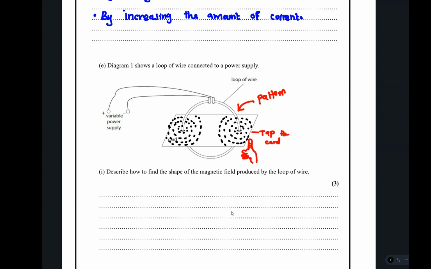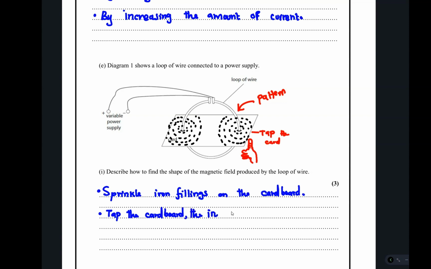Now, the next thing that you ought to do in order to get your final mark, you need also to indicate how you determine the direction of the magnetic field. So to determine the direction of the magnetic field, of course, you are going to use a plotting compass. Now, this is what you are supposed to write: sprinkle iron filings on the cardboard. And next, you need to tap the cardboard gently.